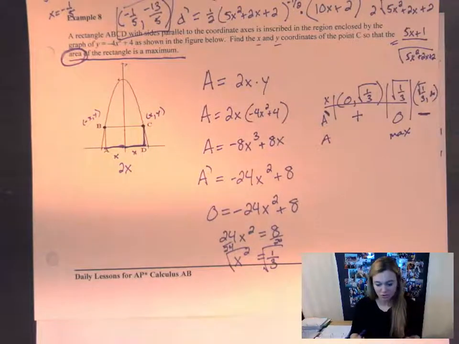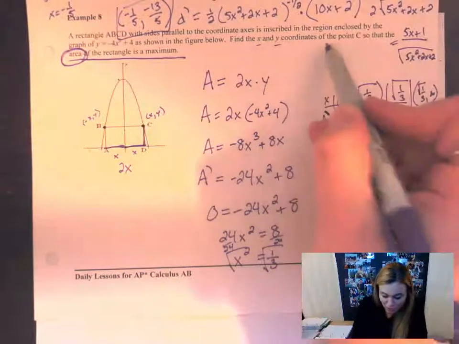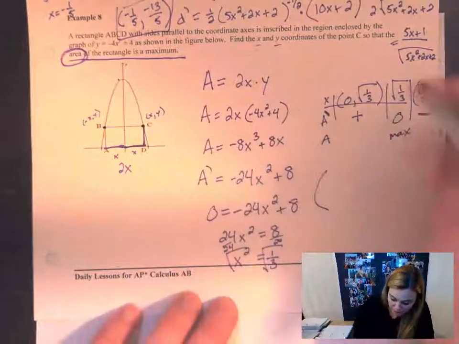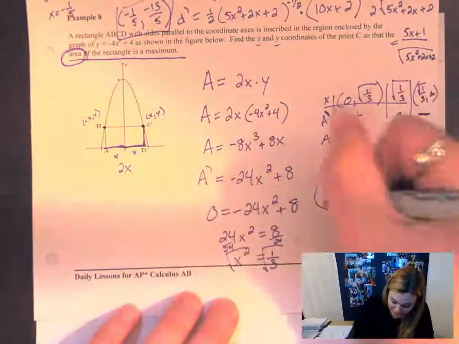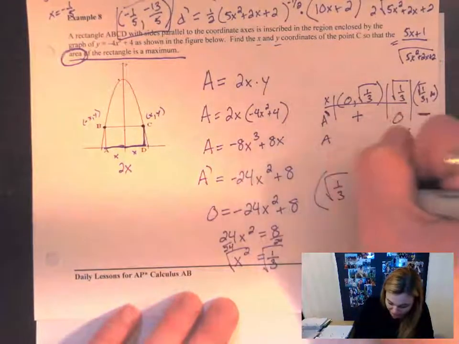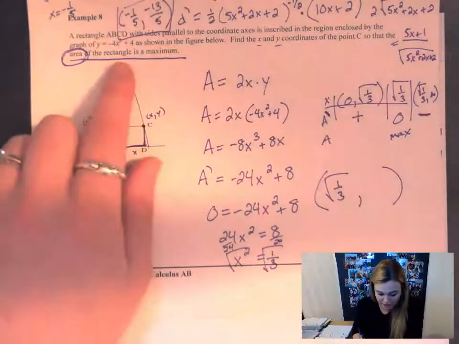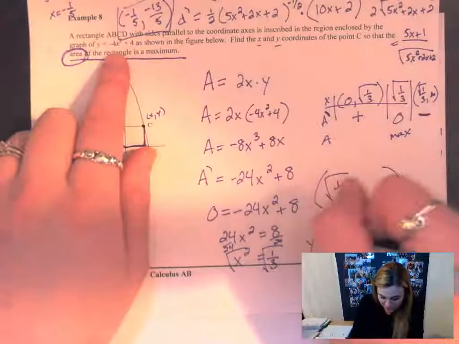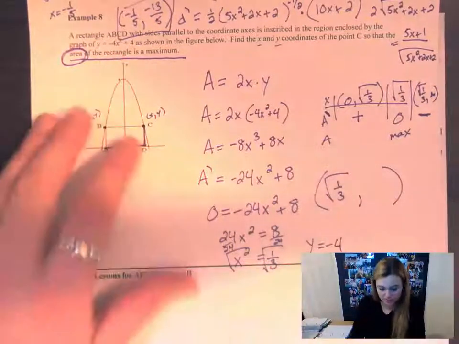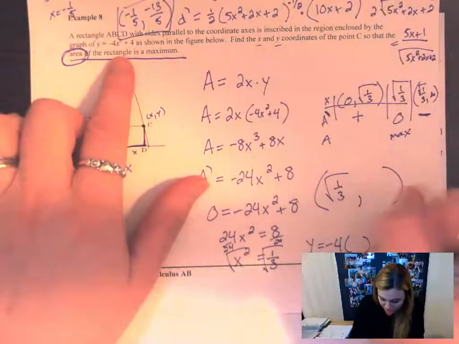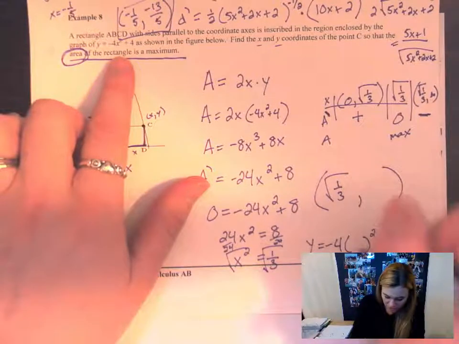Make sure that I answer the question: find the x and y coordinates for point C. So I can see point C has x equal to positive square root of 1/3. To find my y value, y was negative 4x squared plus 4.